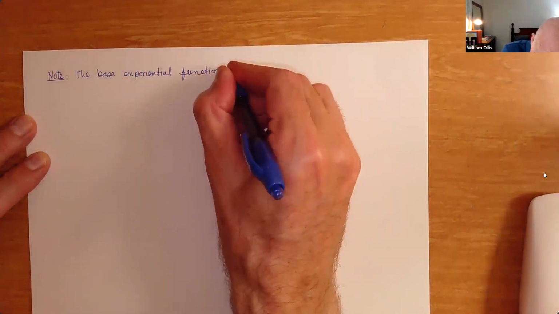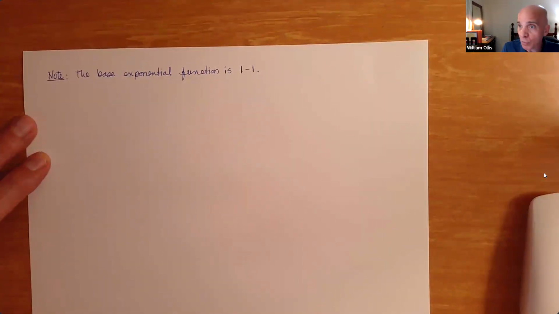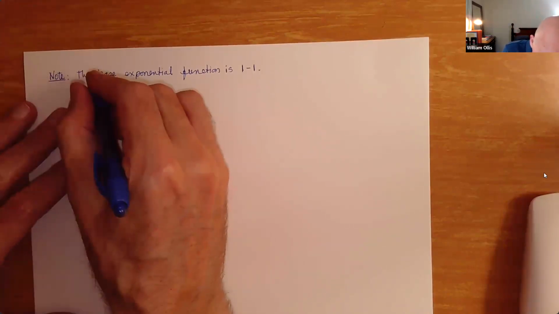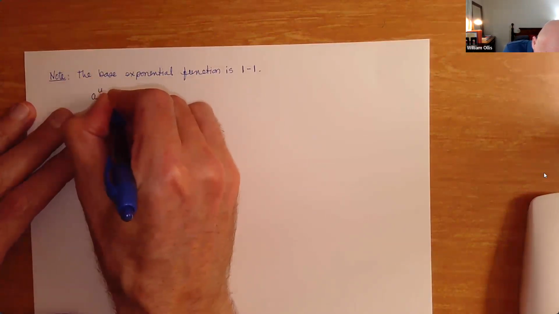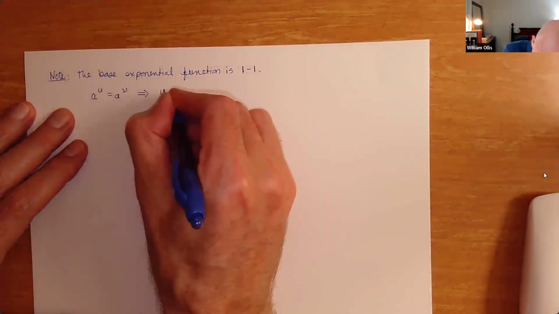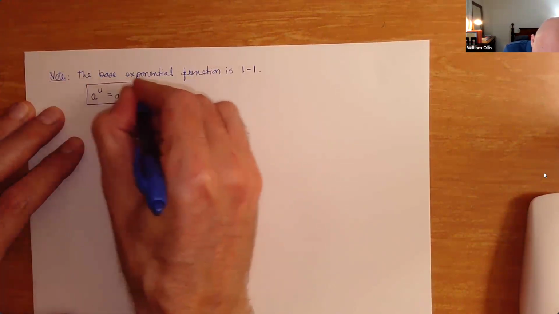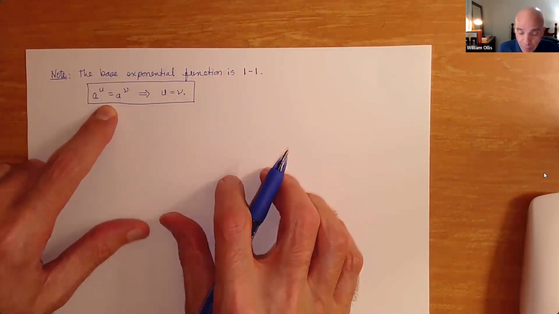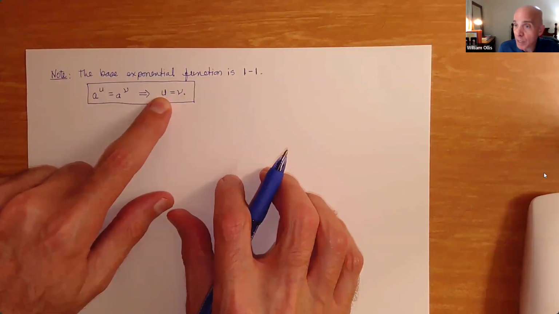And you can abbreviate 1-to-1 by just doing 1-1 if you like. That's certainly okay. Or you can write the 1-to-1. And what that means is that if we have a to the u equal a to the v, this will imply that u equals v. This is the 1-to-1 property. And then, of course, what this is saying is that when the bases are aligned, we can simply equate the exponents or the powers and solve the equation.